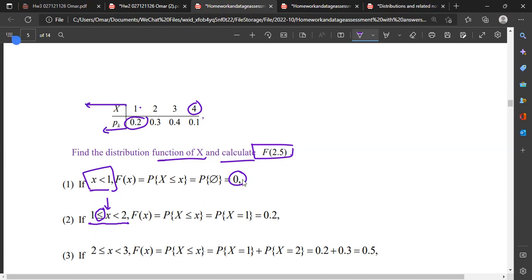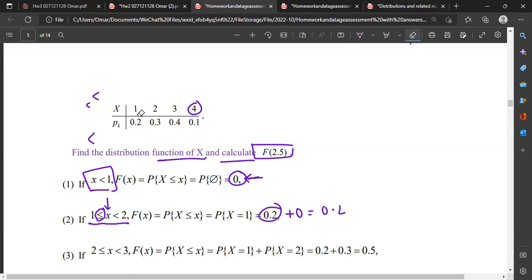So here is nothing, so we write down 0. And when we calculate from 1, it will include the 1, and also it will include the previous probability. So here is 0.2, and on the left side we had 0, right? So we can also write down here plus 0. The answer will be same, 0.2.